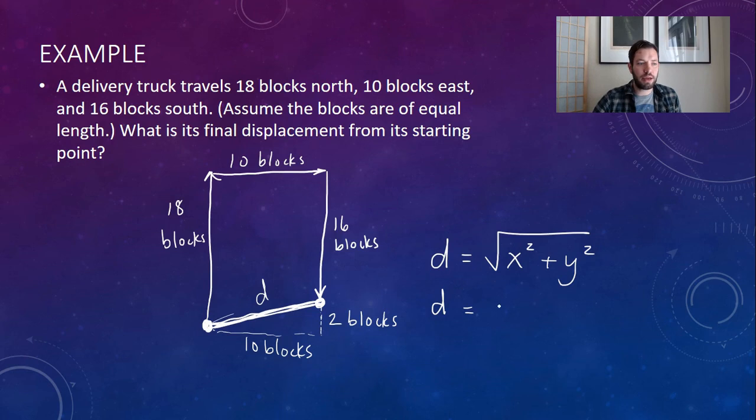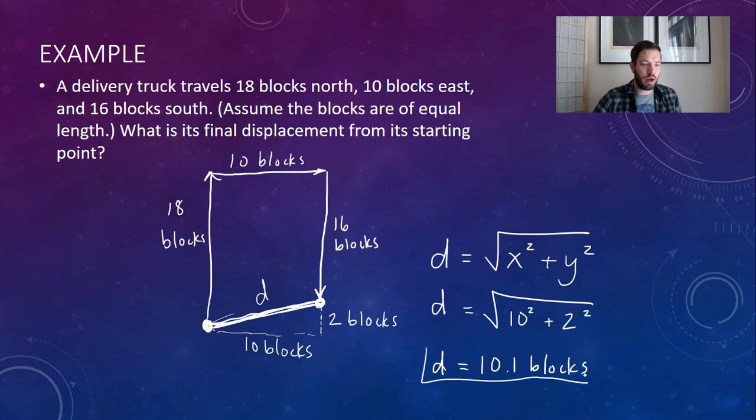So that's the square root of 10 squared plus 2 squared. It's not 10 plus 2. If you do that, you will get the wrong answer. If we put everything into the calculator, we get that the total displacement is 10.2 blocks from where we started.